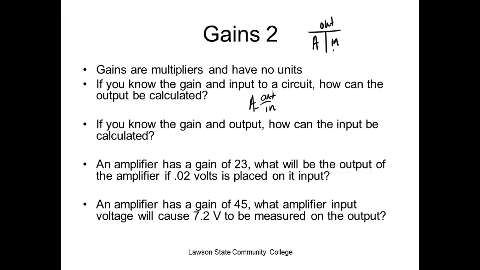Okay, listen up. An amplifier has a gain of 45. What amplifier input voltage will cause 7.2 volts to be measured on the output?